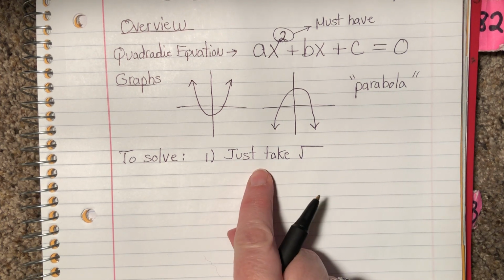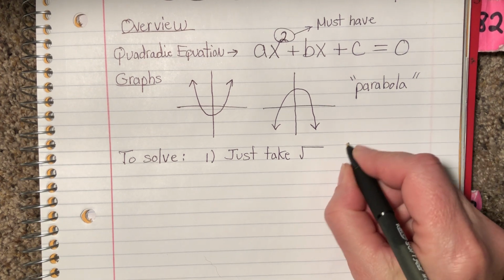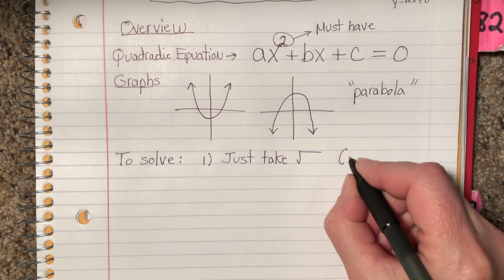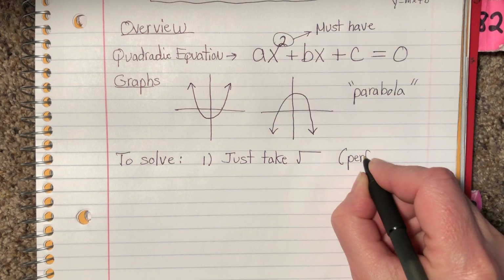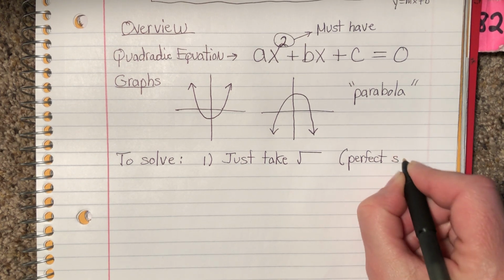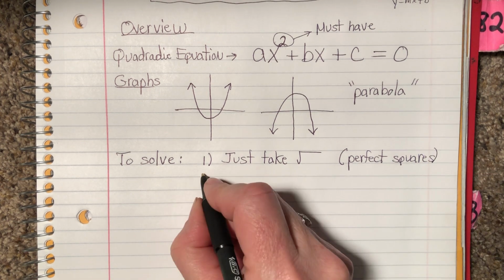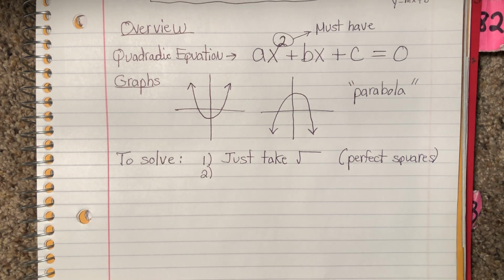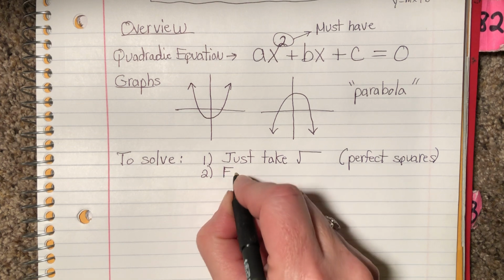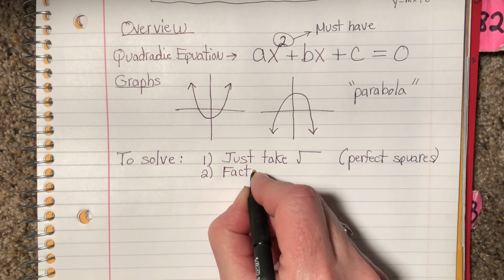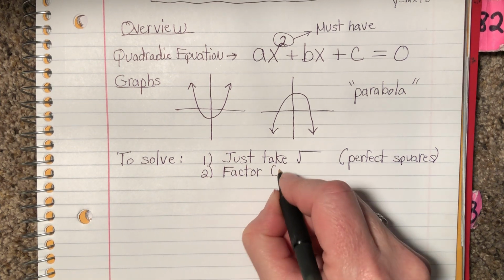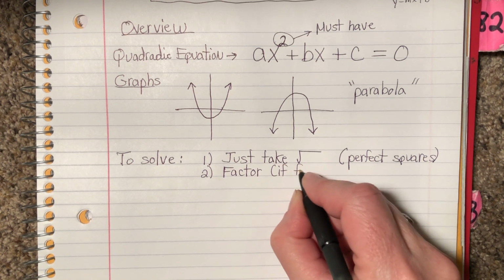This is what section 12.1 is about. This method works if they're perfect squares. So we'll start with this type. Number 2, you could factor it, and we did this a little bit. Factor if factorable. They won't all be factorable.